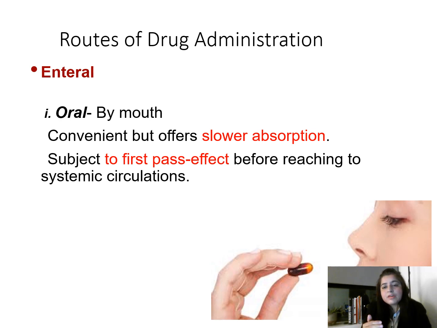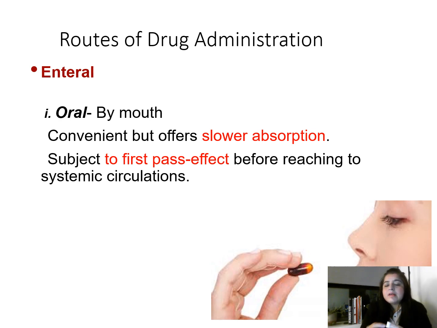From the portal circulation it enters into the liver, because the portal circulation is composed of all the veins and arteries that are surrounding the liver. So when our drug reaches all those veins and arteries surrounding the liver, the drug goes into the liver.